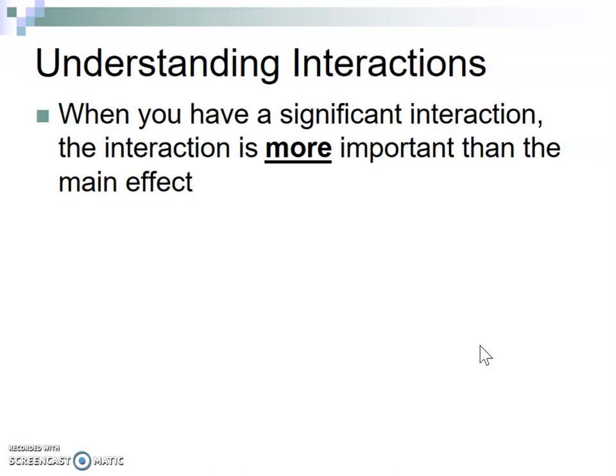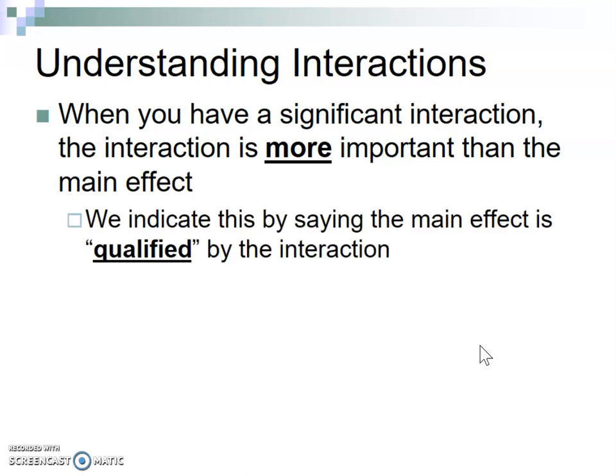If you have a significant interaction effect, that's always going to be considered more important than the main effect. Because essentially the interaction effect is saying that that main effect is conditional. It's dependent on the other variable that was being ignored.